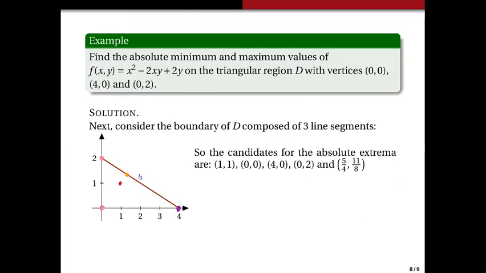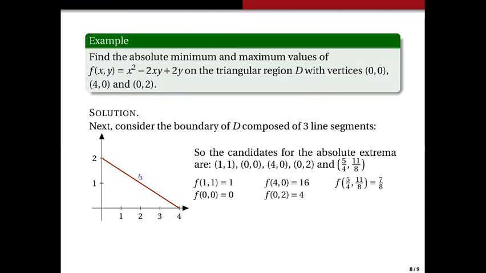So again, what's left to do here is to substitute these ordered pairs into this function. And whatever the highest value is, that's the absolute maximum. And whatever the lowest value is, that's the absolute minimum. So we do all the calculation.